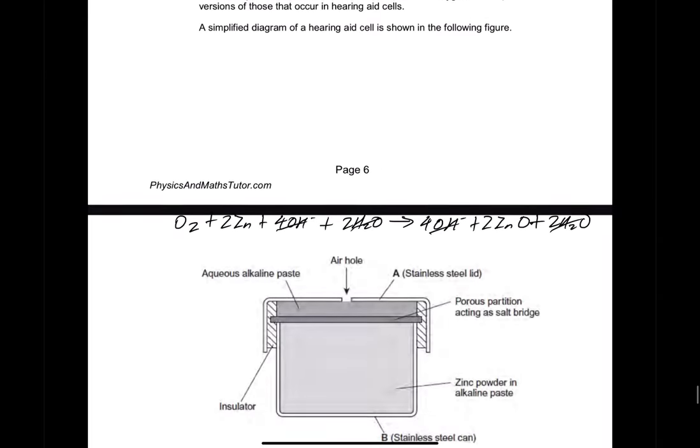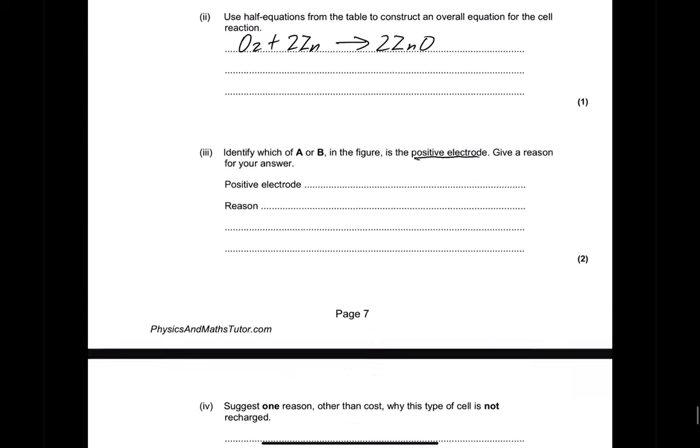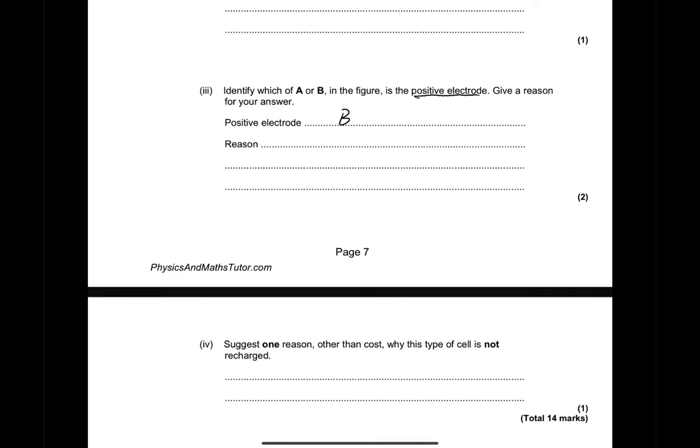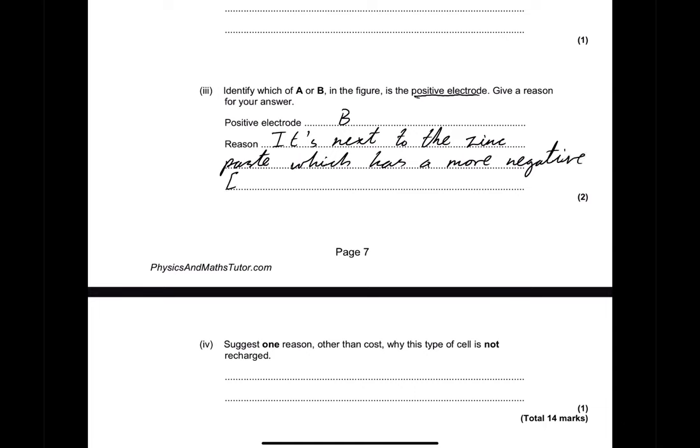The zinc one, so B. Because the anode's where oxidation happens, so B. It's next to the zinc paste, which has a more negative electrode potential. So oxidation is more likely.